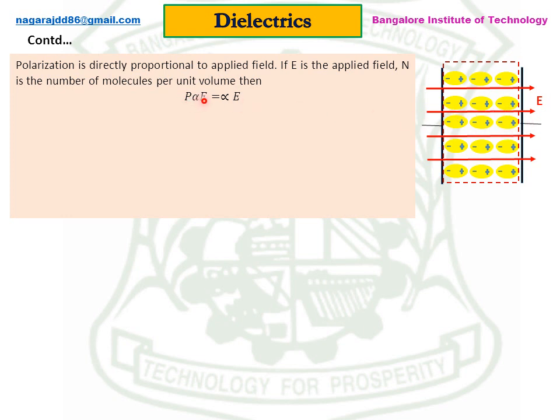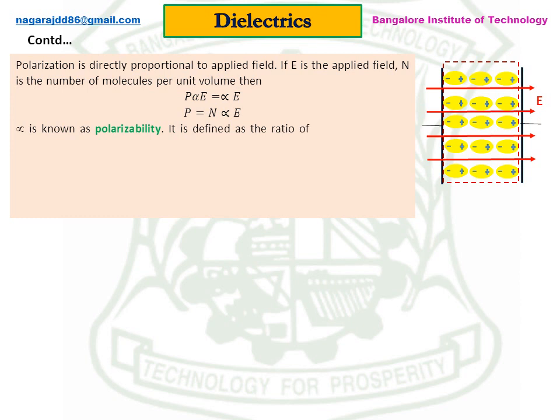So P is proportional to E, which can be written as alpha into E, or we can also write it as P equals N into alpha E, where N stands for number of molecules per unit volume. Here alpha is known as polarizability.